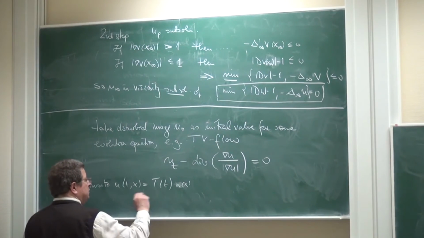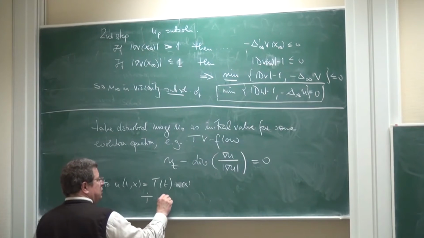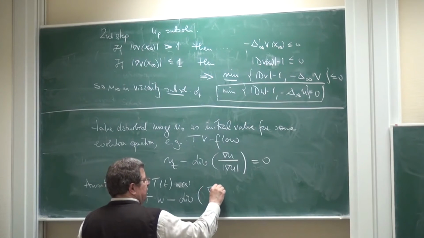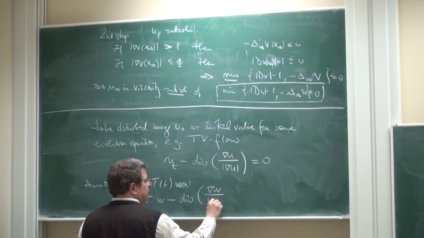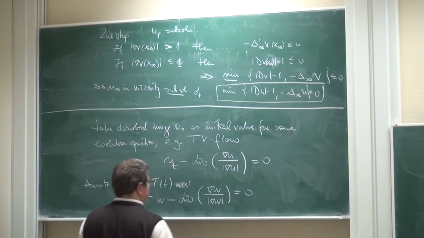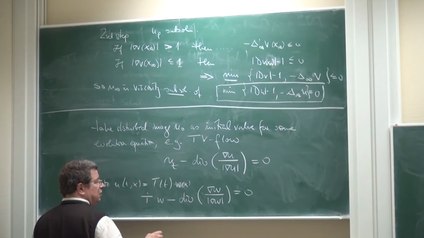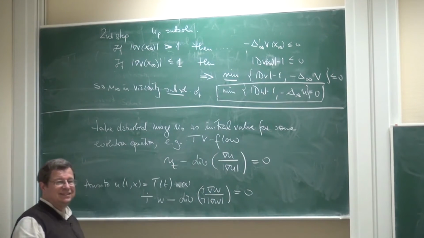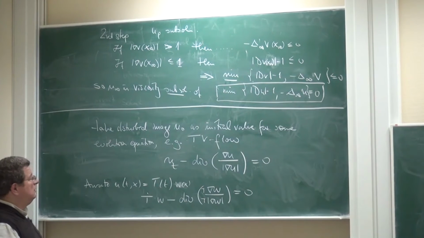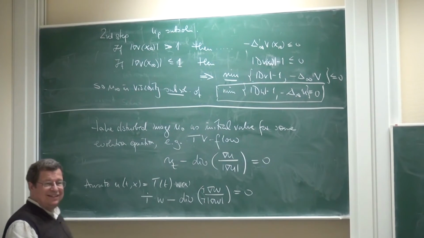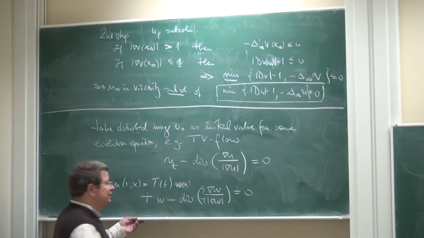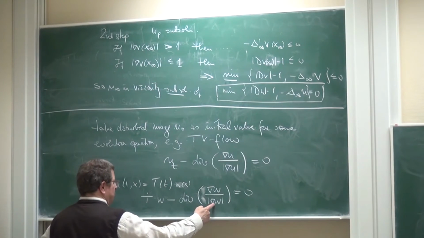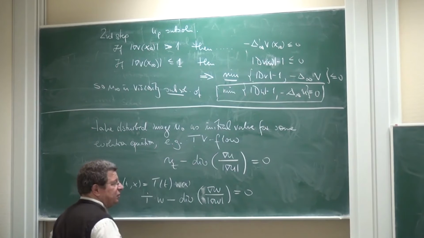And then we get T dot times w minus the divergence of gradient w over modulus gradient w equal to 0, times T. The T cancels. Now this is only x dependent, and we can separate variables.